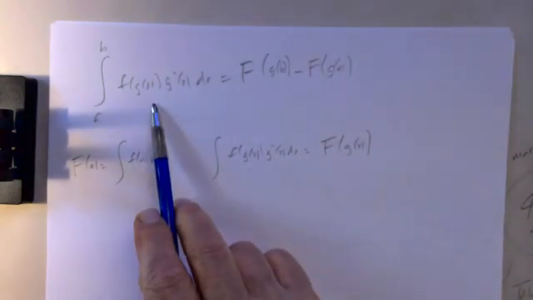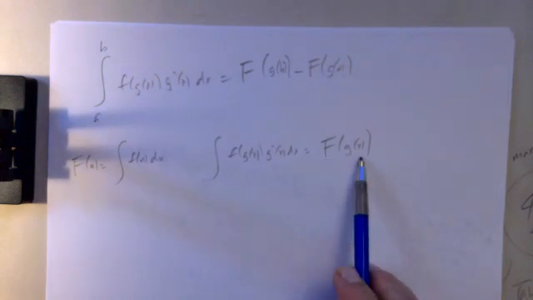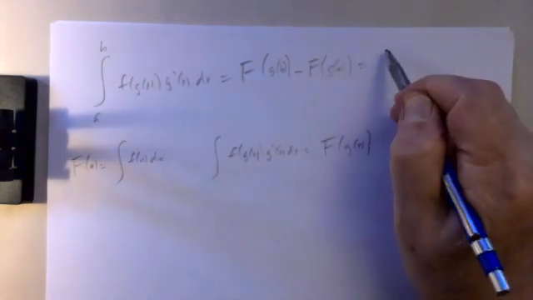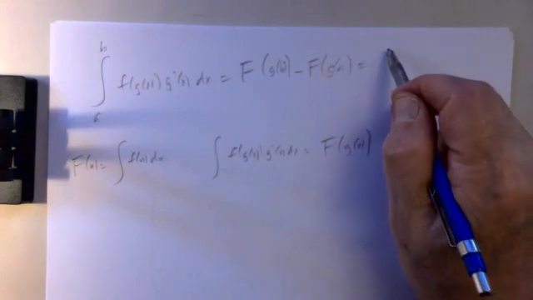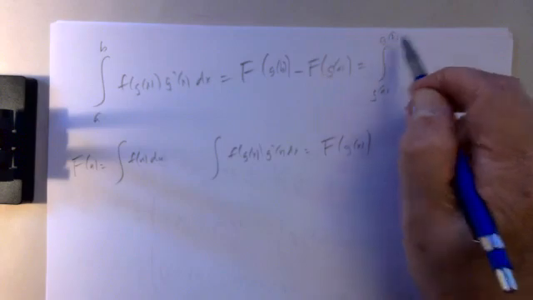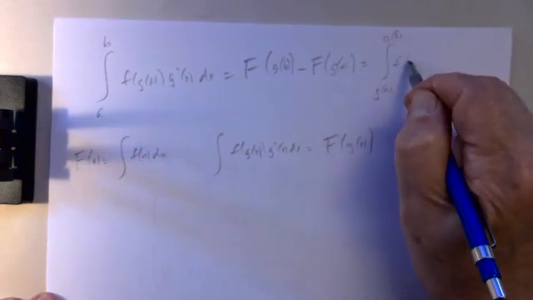It's just the antiderivative, that's this function, evaluated from a to b. This is exactly the integral from g of a to g of b of f of u du.